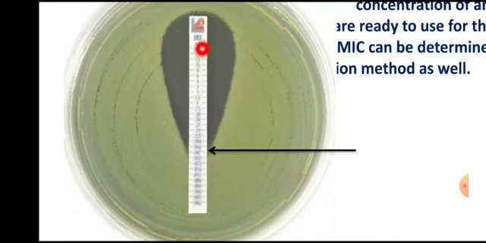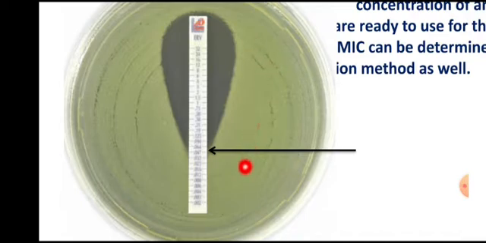So this is a single antibiotic strip with different concentrations of that antibiotic. The next step is to place this strip onto the plate, and after that the plate will go for incubation at 37 degrees Celsius for 24 hours.